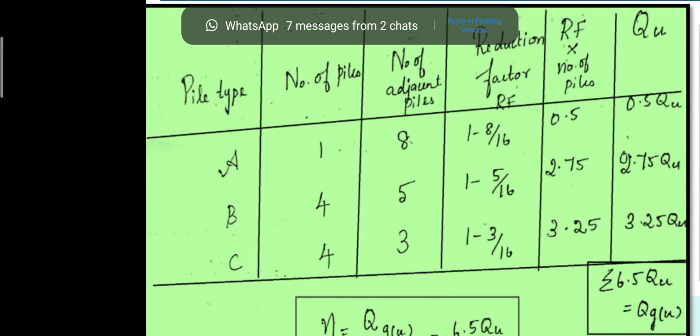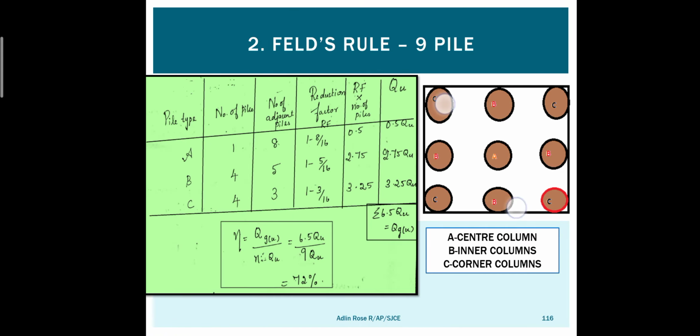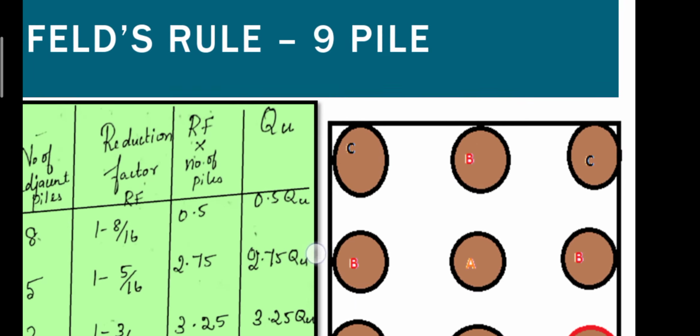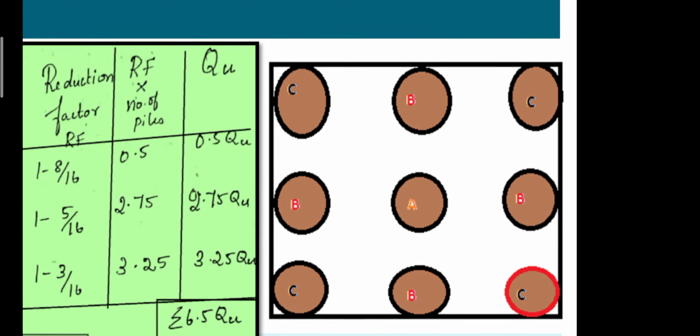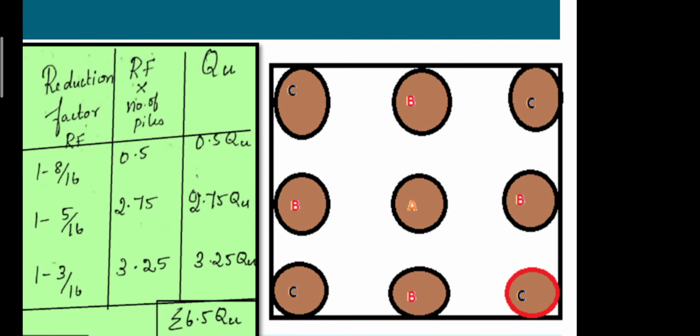Now, as per Fell's rule, what should we look at? We should look for the nearby piles, adjacent piles, whether diagonally or straight nearby. We should see how many piles are present nearby. When you take the center pile A, how many piles are nearby? All the piles are nearby.